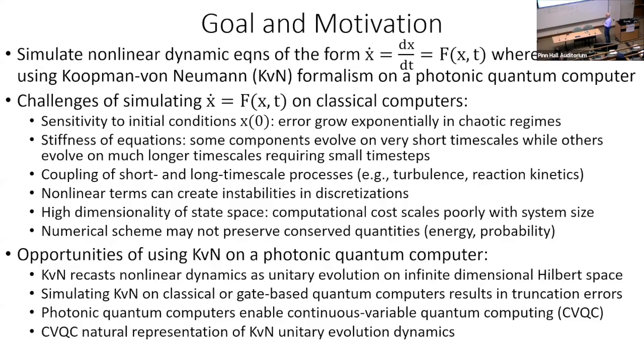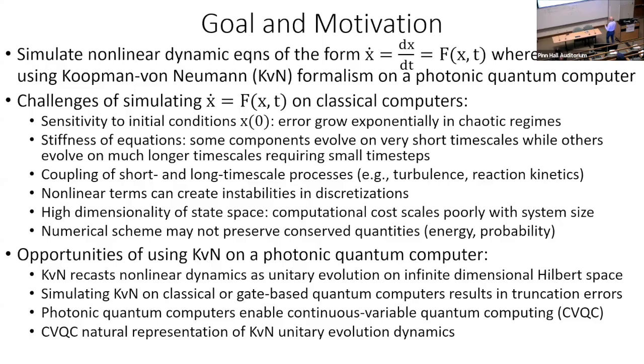So basically, Koopman-von Neumann, as I'll show you, recasts nonlinear dynamics as unitary evolution on an infinite dimensional Hilbert space. Okay, that's a lot of words. But a photonic quantum computer, you've kind of gotten a taste of it, has this continuous variable Q mode, and it acts on functions. And so even the basis state representations are integrals, not discrete sums like we have shown you before.